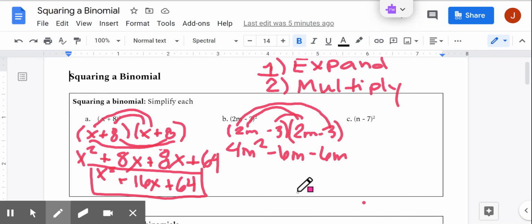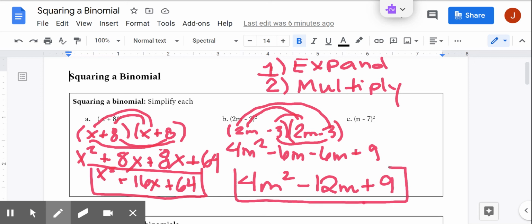And our last terms here, negative 3 times negative 3 is positive 9. So if I go ahead and combine like terms now, I'm left with 4m squared minus 12m, right? Negative 6m minus 6m is going to be negative 12m plus 9. So this is our final answer then for this problem, 4m squared minus 12m plus 9.